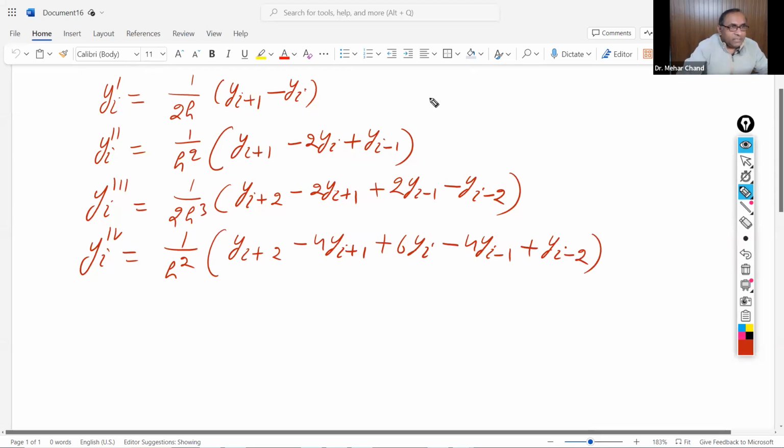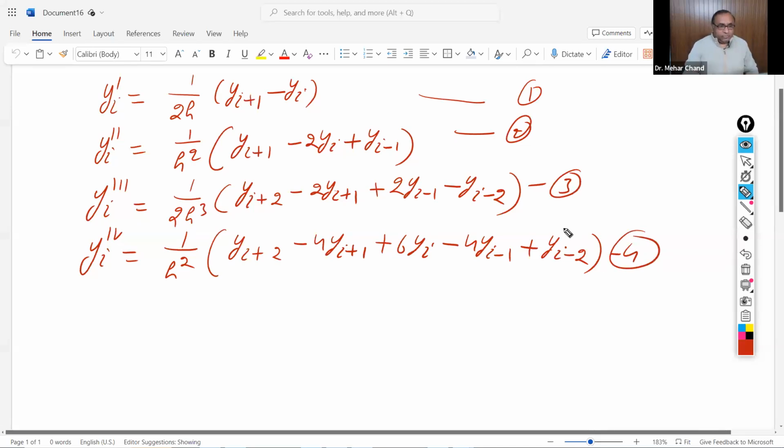So these are the equations, first, second, third, and fourth, which are highly useful when we want to find the solution of any ODE of higher order, whether it is second, third, or fourth. These equations are up to fourth order.